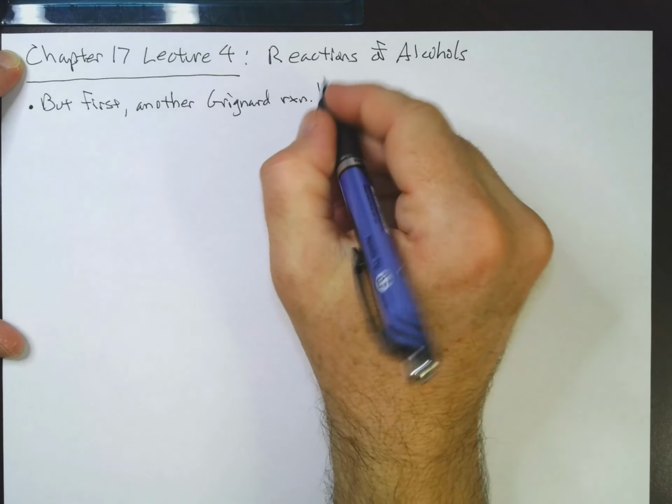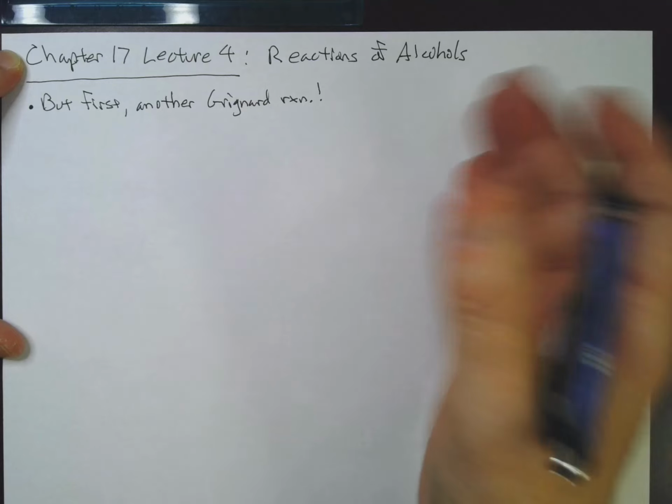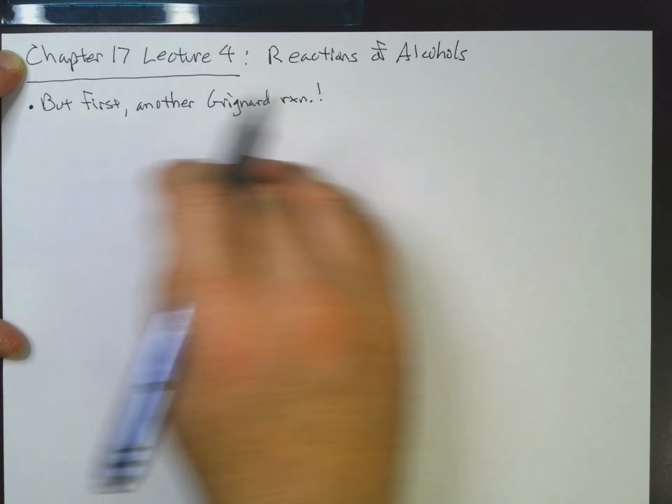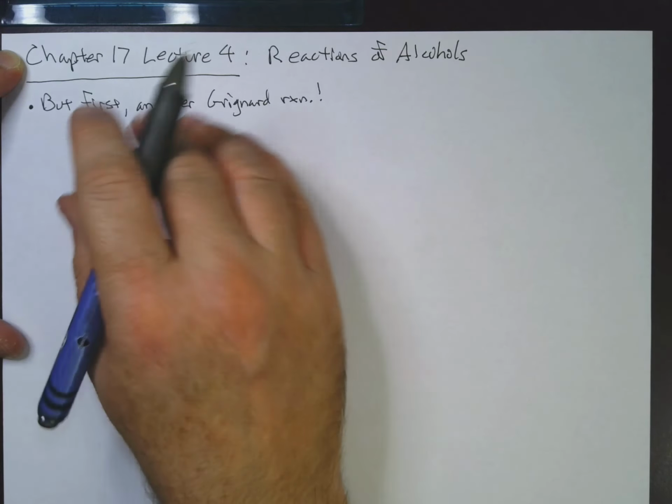I forgot to show the Grignard, although I did show this particular version of the Grignard in the second synthesis lecture. I forgot to show the Grignard reaction using an epoxide.